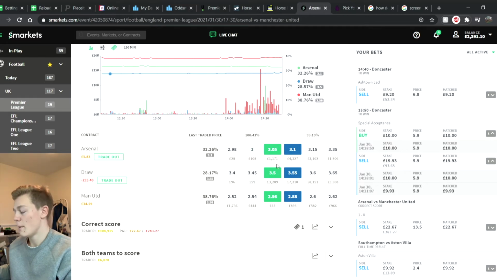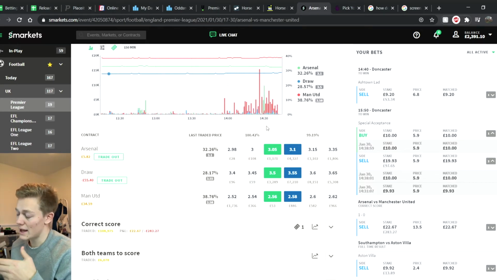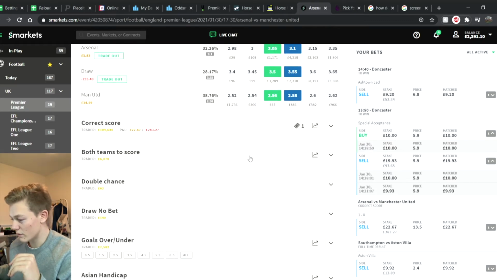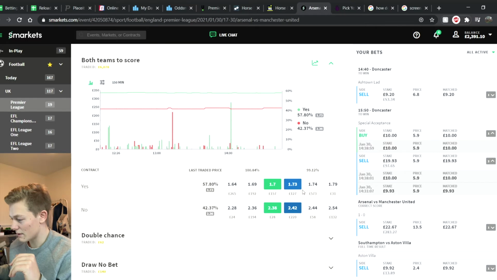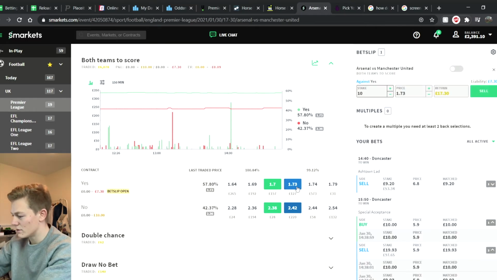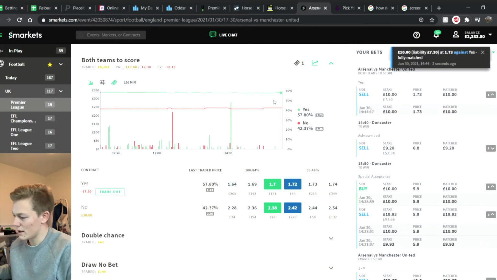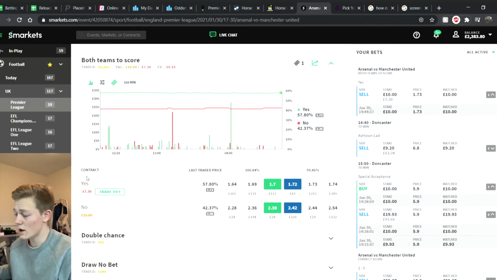So if I was to bet £10 on the lay of 3.1 and then try to trade out of this, I would be at a loss overall, because I'm not buying my lay stake back at the same odds, it's lower odds. If I show you an example of this, with both teams to score, let's say I put a lay stake of £10 against Arsenal to win, then we can see I'll have a bet now of £7.30 if both teams score in the Arsenal United game, and a £10 win if they don't.